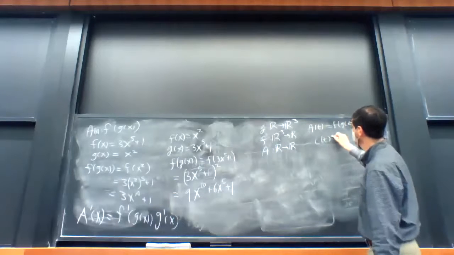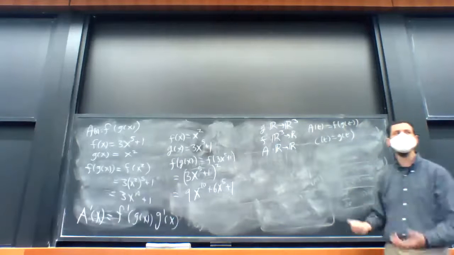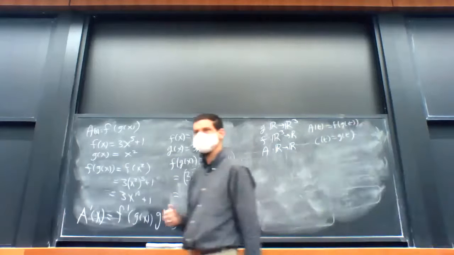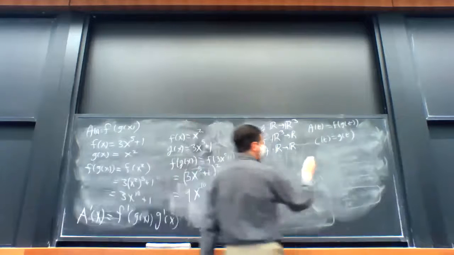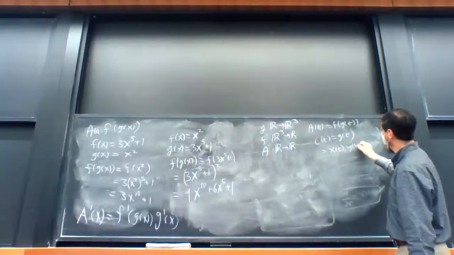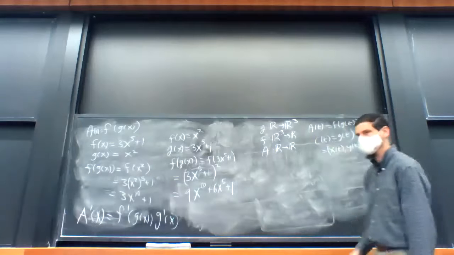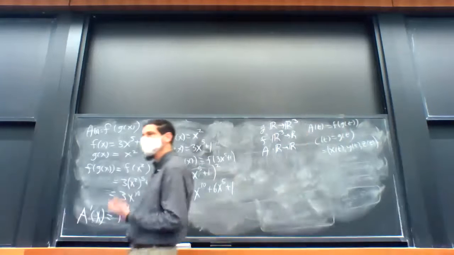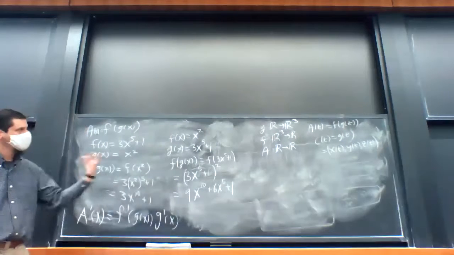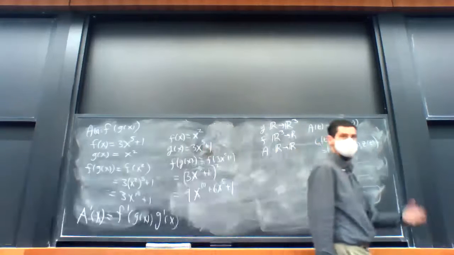I sometimes use c of t or g of t to just remind myself that I have some curve in space. And so I might write that as x of t, y of t, z of t. And we calculated what the chain rule should be in this special case. And again, this is nice. a is a function of just one variable.